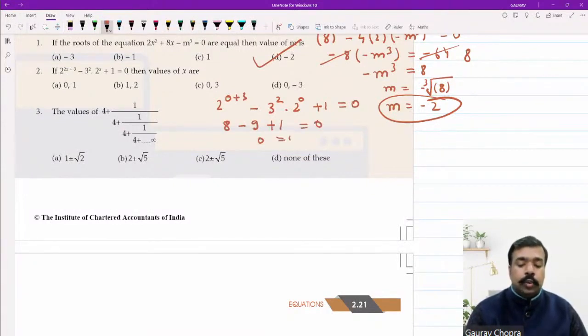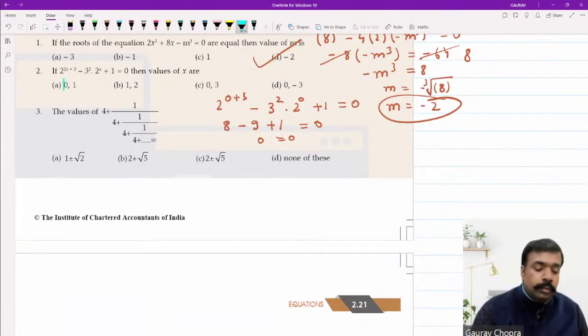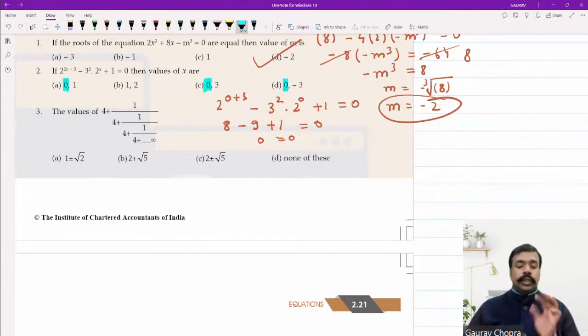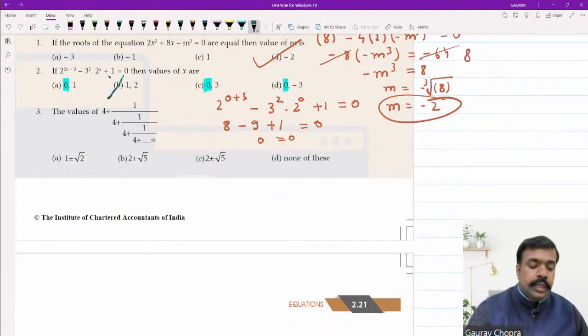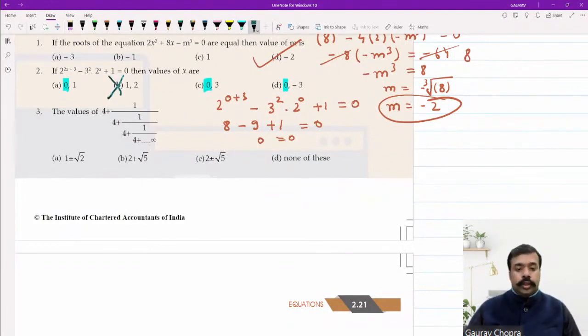So 0 is equal to 0. That means 0 is correct. And now we can see 0 is in option A, option C, and option D. That means option B will be incorrect, because one root is 0.